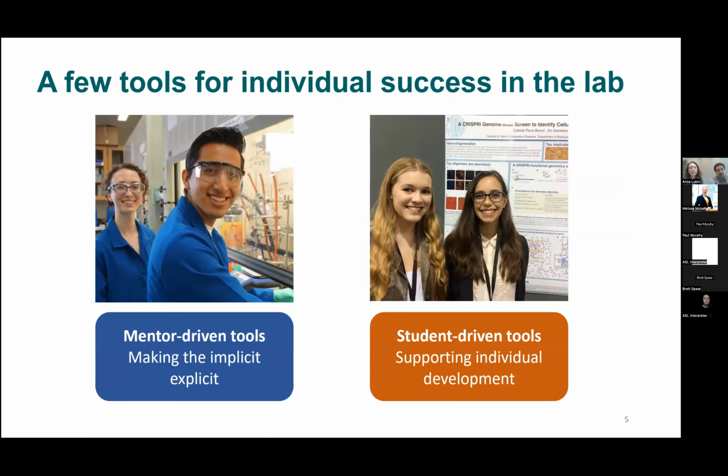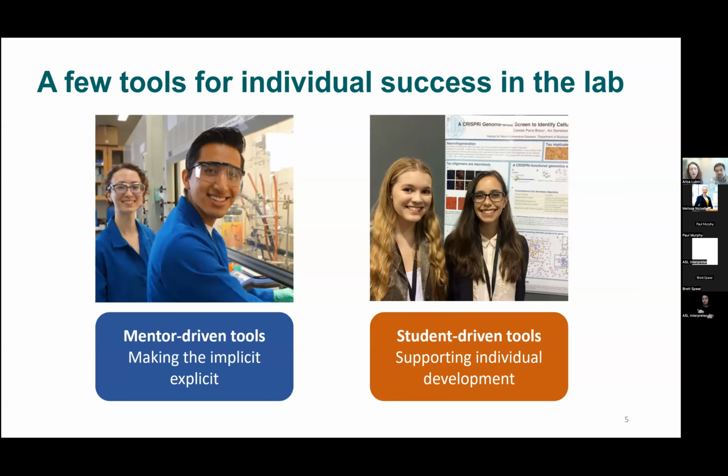So the content that we want to be sharing today can really fall under one of 2 categories. The first is those tools and strategies that are mentor-driven. So these are the tools and the ideas that you as faculty, as principal investigators, are driving and providing to your researchers and implementing in your research teams.